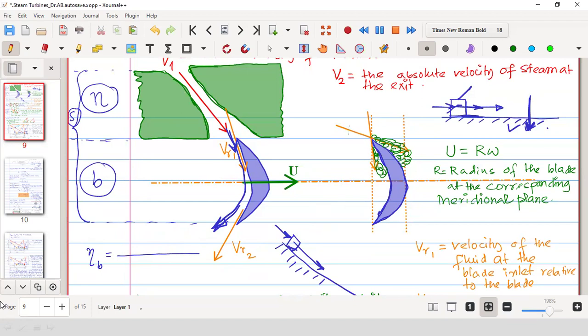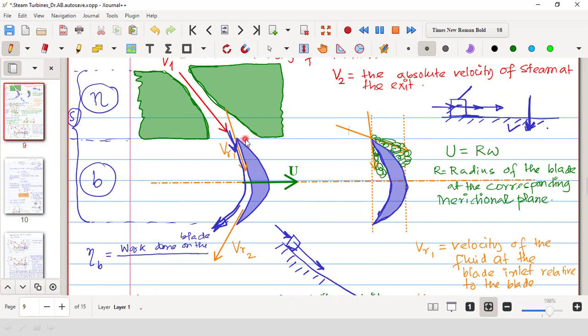So that is called the blade efficiency. So here, work done on the blade. Now, who is doing the work? Steam is doing the work. So work done on the blade by steam divided by the kinetic energy supplied. That means the kinetic energy supplied was the total energy that is available at the entry.